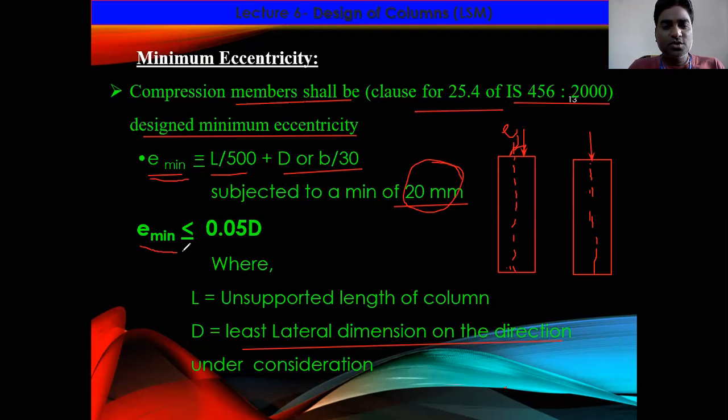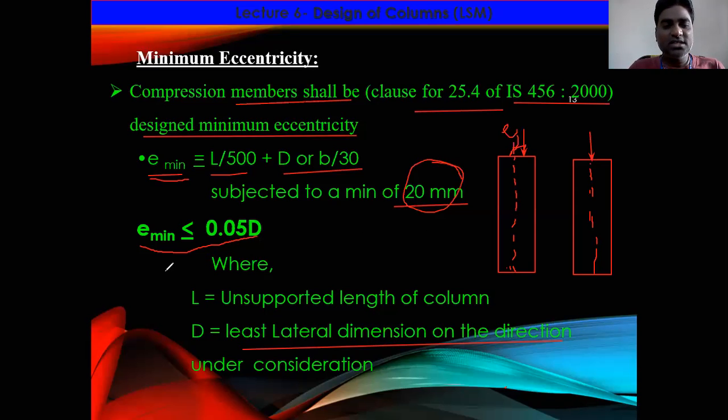e minimum should be less than or equal to 0.05 D. Then only the column should be designed as an axially loaded column. If e minimum exceeds 0.05 D, then that column should be designed as a long column. As I explained earlier, if it is an axially loaded column, the stress depends only on the load.